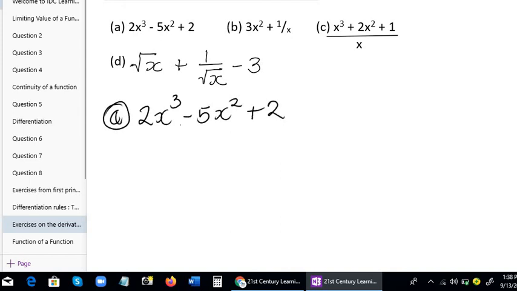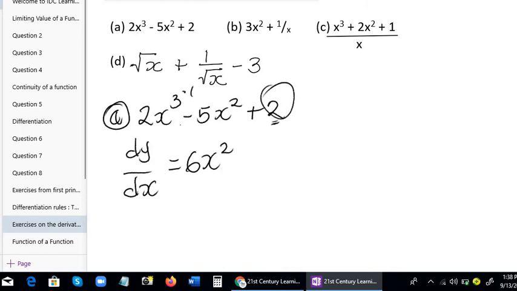Okay, let's differentiate this. There's something you should know. If you differentiate a constant, you always get 0. So dy/dx will give me 3 times 2, 6x. Now minus 1 from the power, so it will be 6x squared.